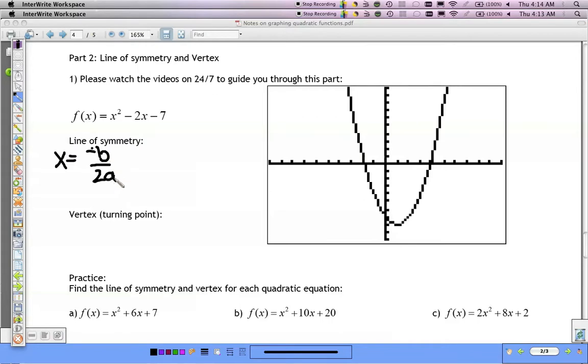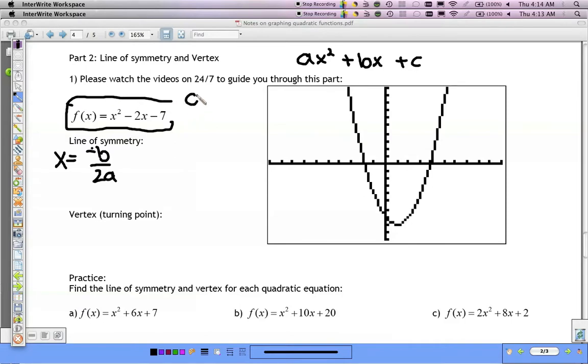The b and the a come from the standard quadratic form, which is of course ax squared plus bx plus c. So a is the coefficient of x squared, b is the coefficient of x, and c is the constant. In the case of the equation we have right here, f of x is equal to x squared minus 2x minus 7.